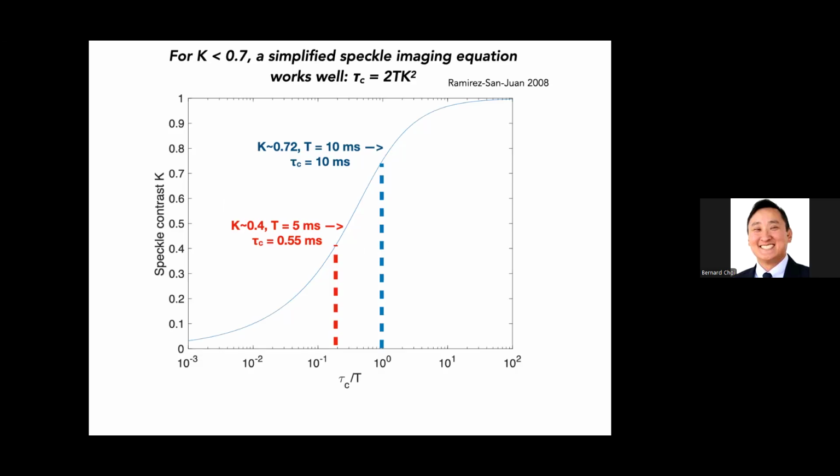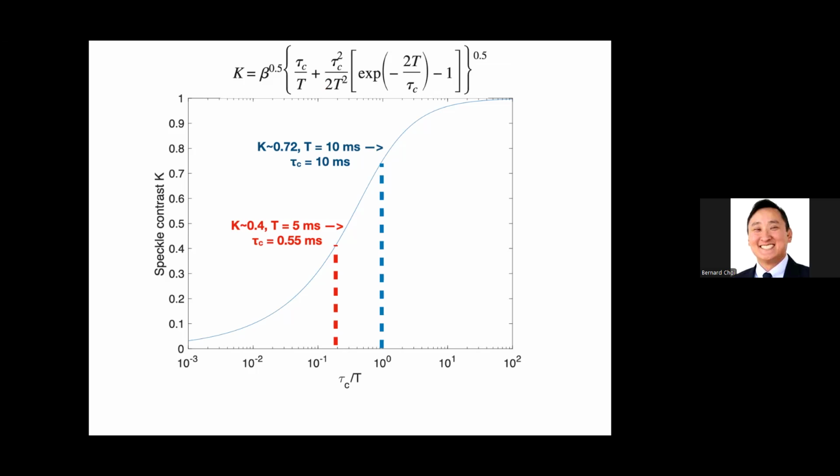Yeah, Anna. Of the contrast to find the contrast, and then you would use the simplified form to find it. No, so this is the full curve right here, right?